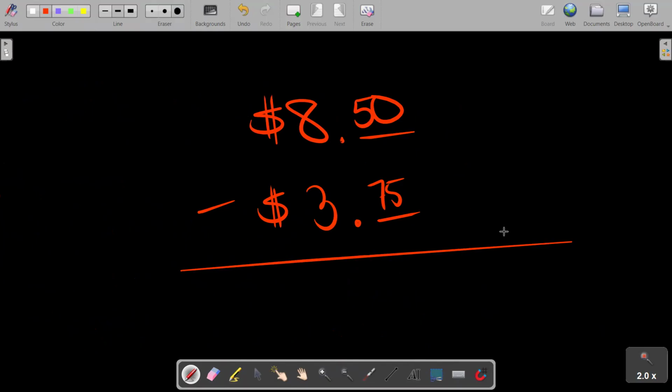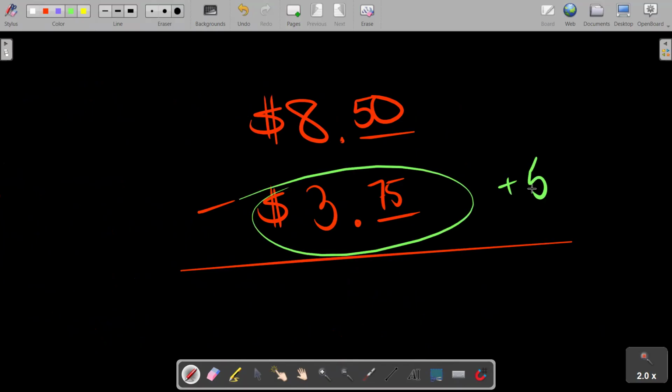It's easy to say $5.25. But here's the deal. If you add $5 to this, you've already gone over $8.50. So you know you don't have $5 left. Are we clear? So the answer couldn't be 5 anything. So let's add $4 to this.